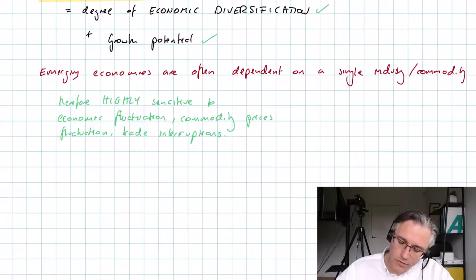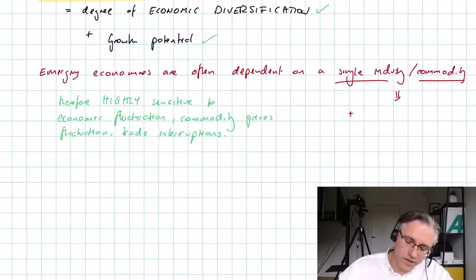Okay, the other problem with these single industry or single commodity economies is that they often have fewer trading partners.